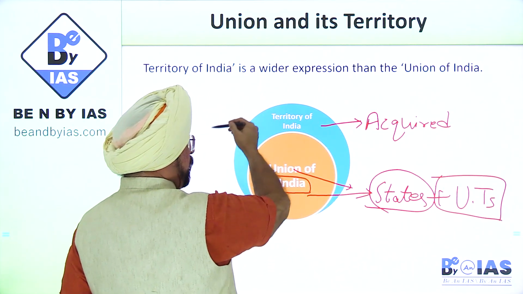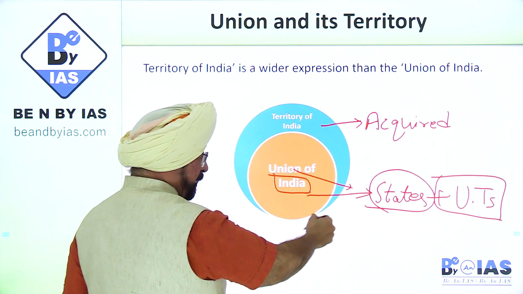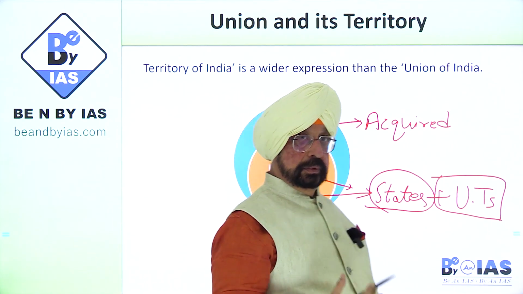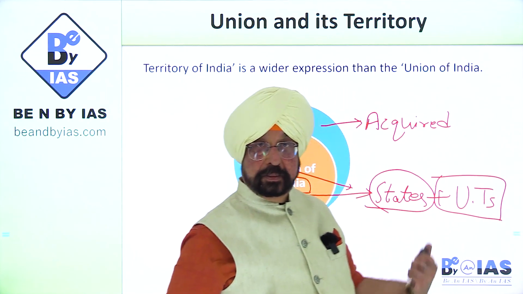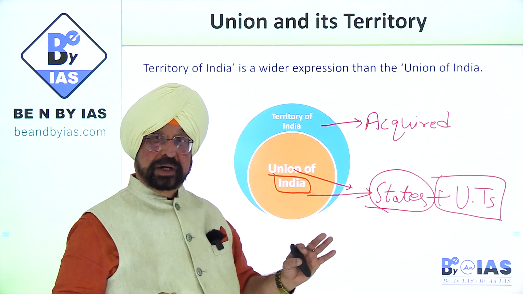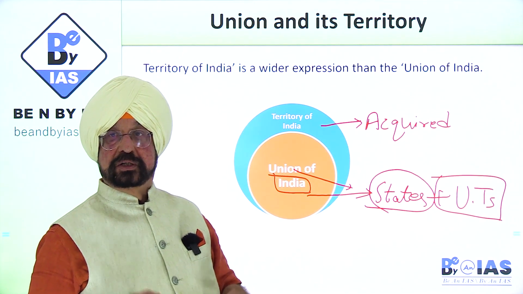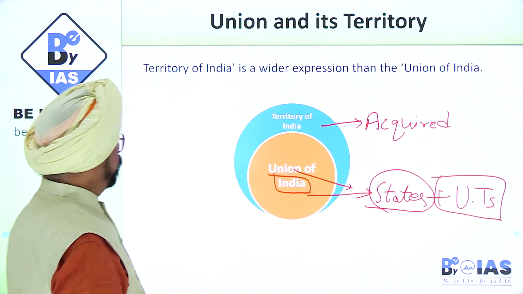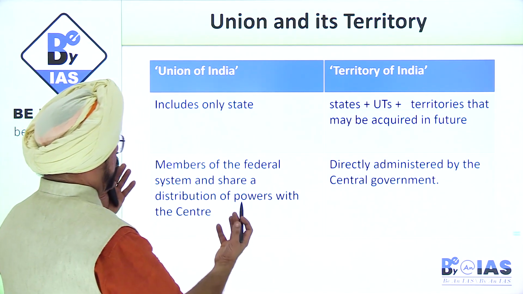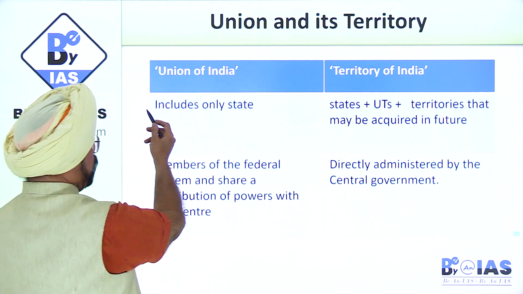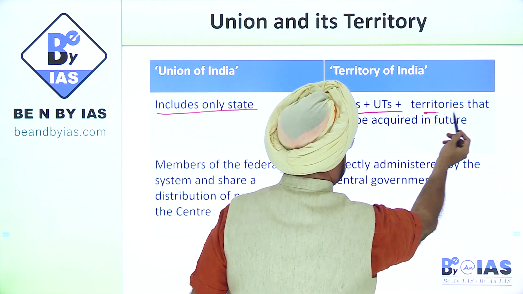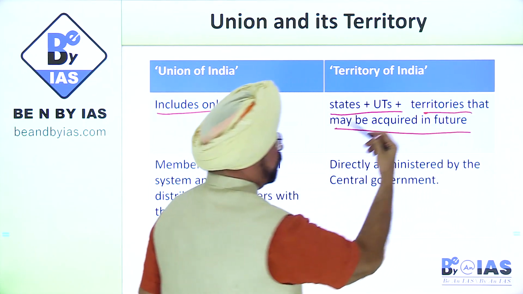So that is why the territory is a bigger concept and Union of India is a smaller concept as compared to that. So it has got a wider connotation, and that wider connotation is because of its open-endedness. Now, here is the difference. Union of India includes only states, while territory of India includes states, UTs, and territories that may be acquired in future.